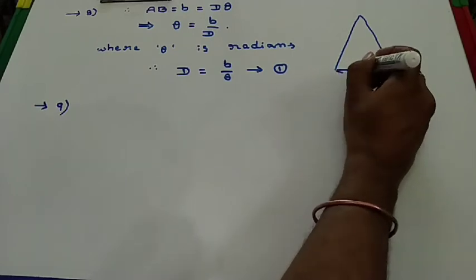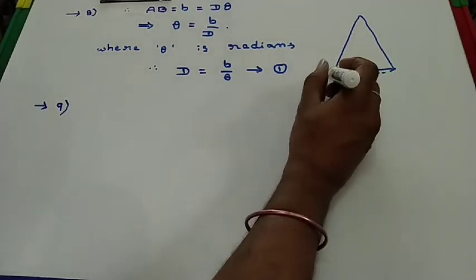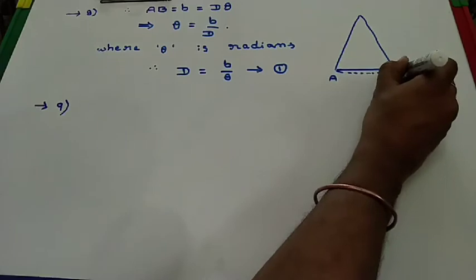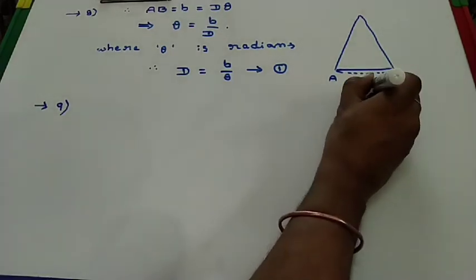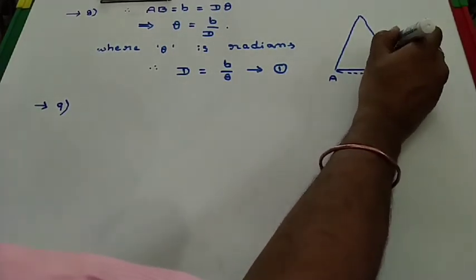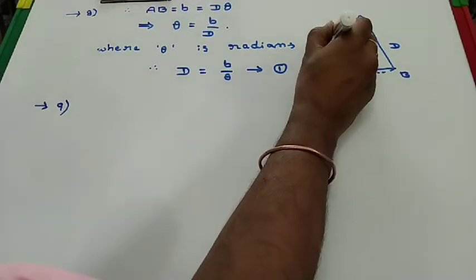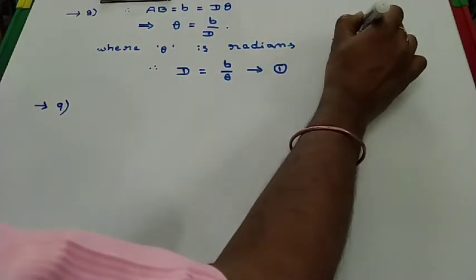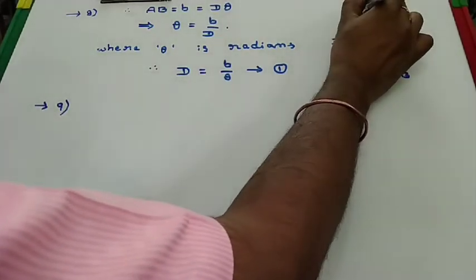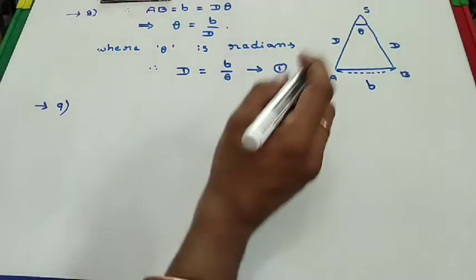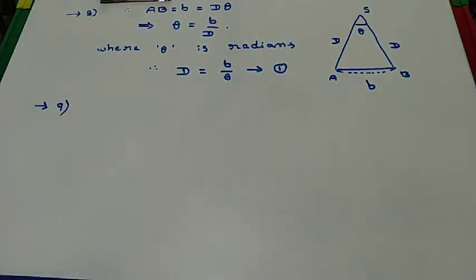Imagine this is A, this is B, the distance between them is small b, this is capital D, this is also capital D, and this is theta. This is the diagram for that.